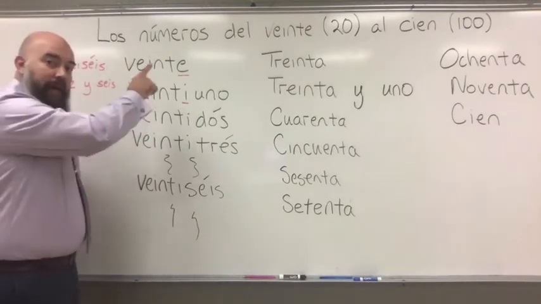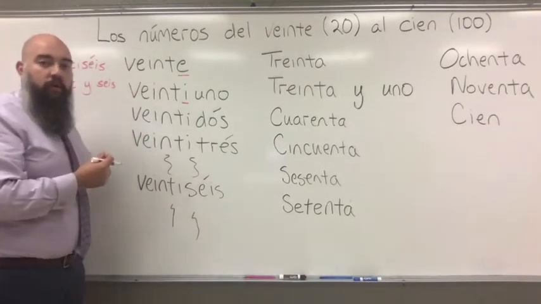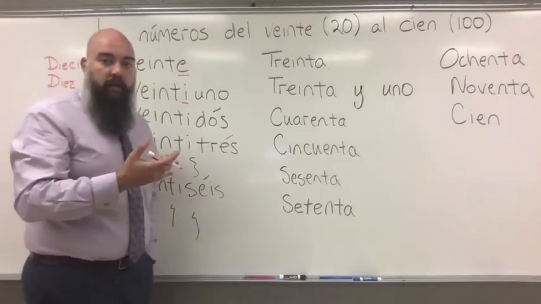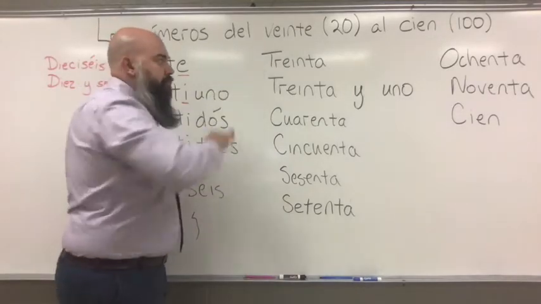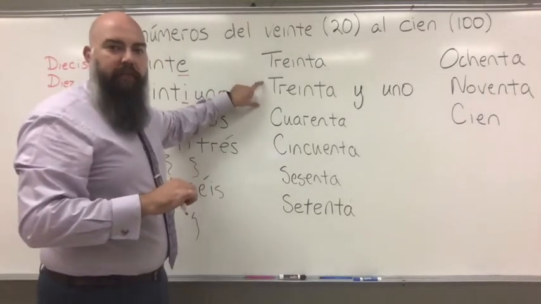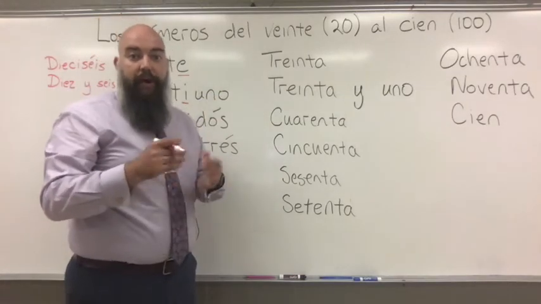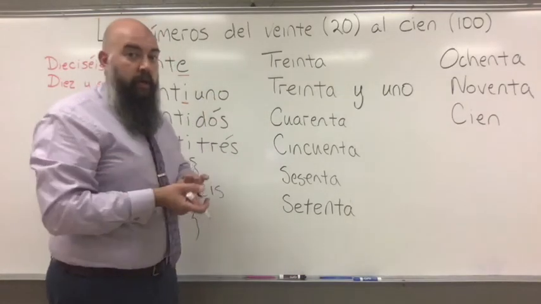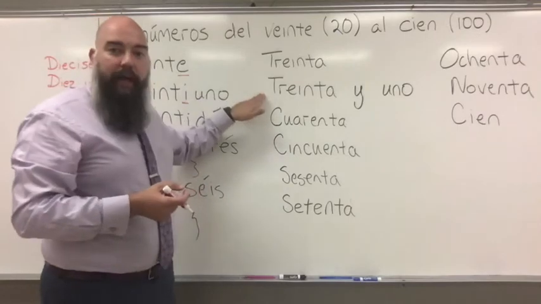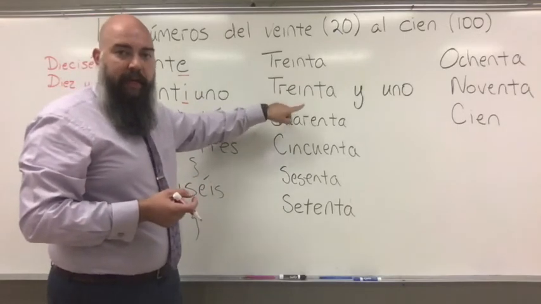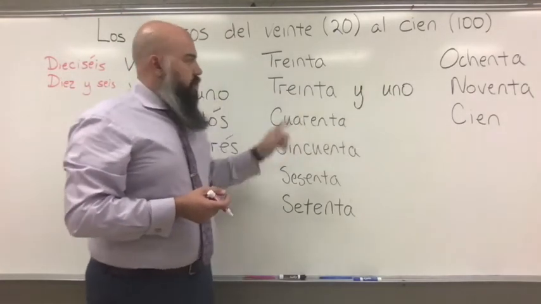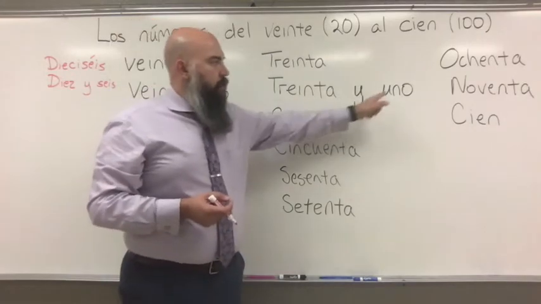So once you have those, now life is going to be a little bit easier. Because once you get to 30, notice I only have one example of the numbers that are not the 10 space numbers. 30, and then I have 31. Notice treinta y uno. It's three separate words, 30 and 1.